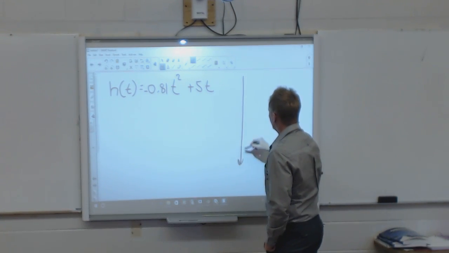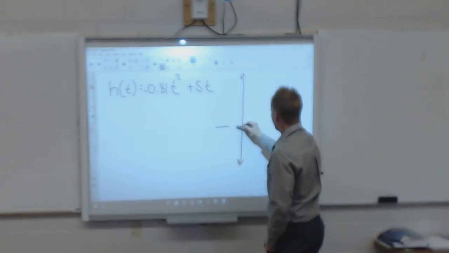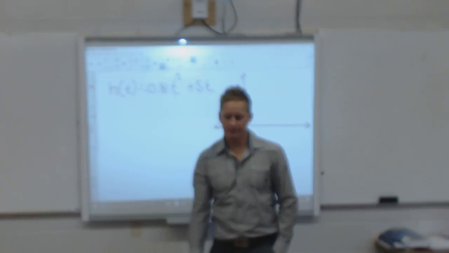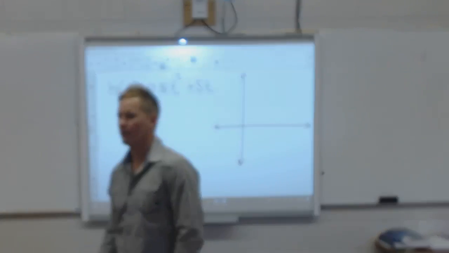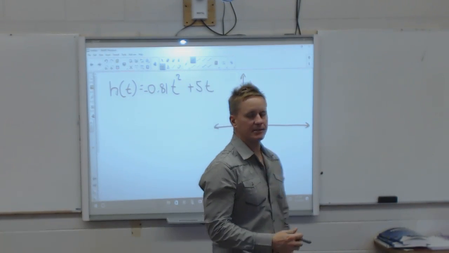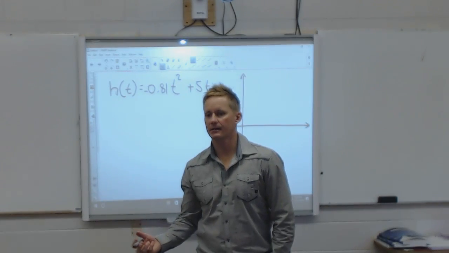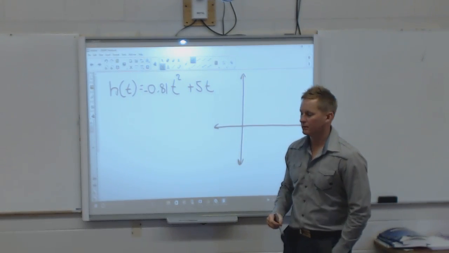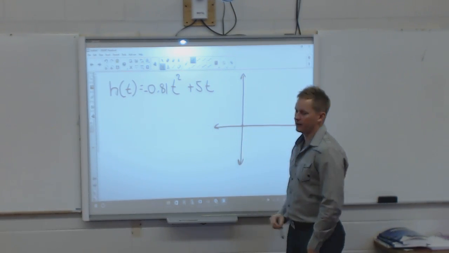Well, if you're to graph this, I want you to think this through. What does the height of a golf ball look like? Well, at 0 seconds, where's the golf ball going to be? At a height of what? 0 meters. So it's going to start right here, right?